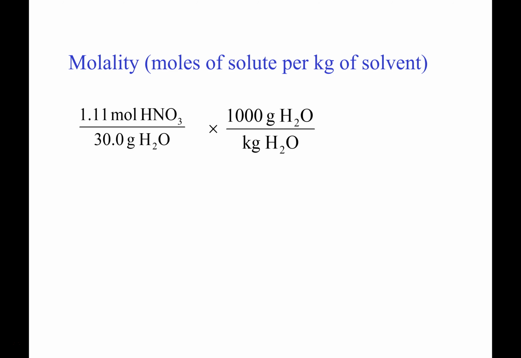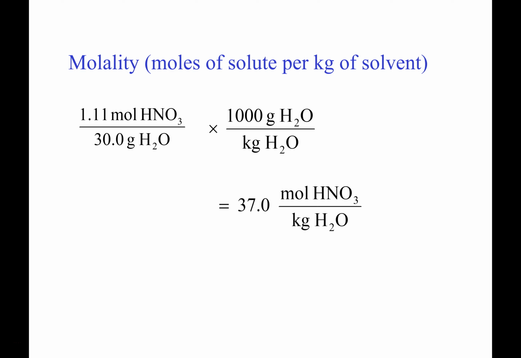Yep, our grams of H2O cancel, and we have units of moles of HNO3 per kilogram of solvent, H2O. Yay! 3 sig figs. That is our molality. And again, I just get so excited at the end. Sometimes you'll see in my answer key, I'll just put 37.0 little m HNO3, molality, 37.0.